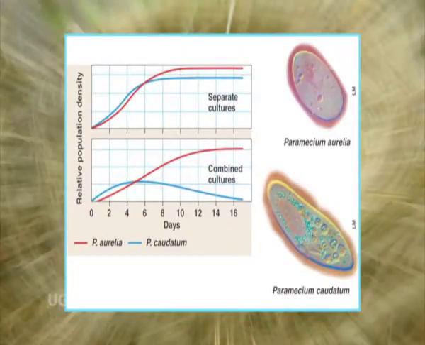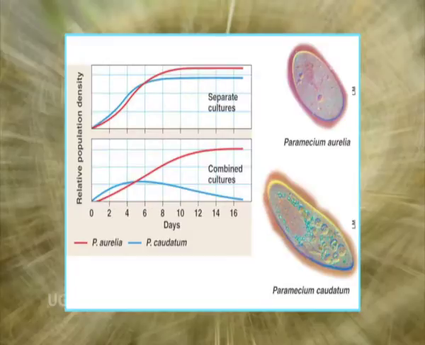Using a culture medium conducive to the growth of two species of paramecium, that is, Paramecium aurelia and Paramecium caudatum, Gause determined the growth pattern of each when cultured separately and together.